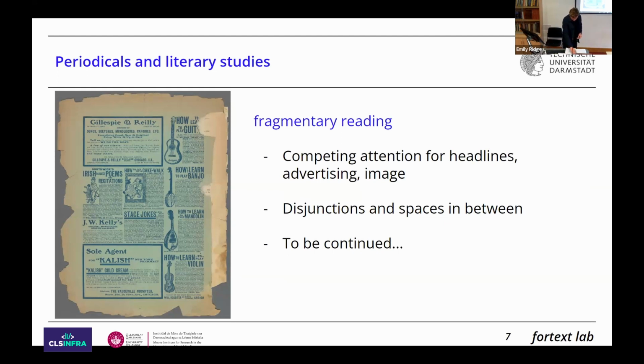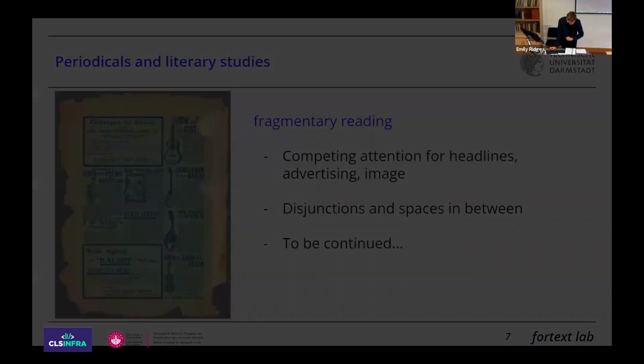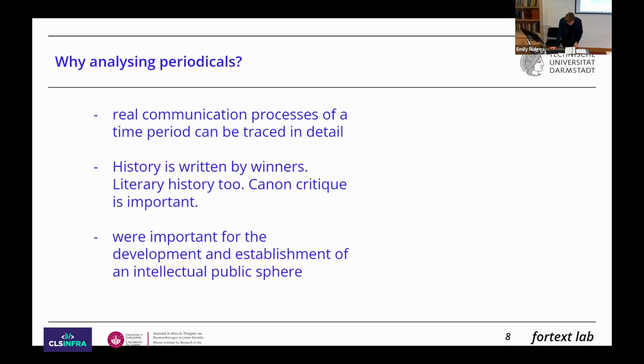In spite of the difficulties, in my opinion, it is very fruitful to take a closer look at periodicals. Why? Magazines represent the real communication processes of their time. Through them, we can find out exactly how things developed. Books usually only tell us the results of processes. Here we can follow them directly.